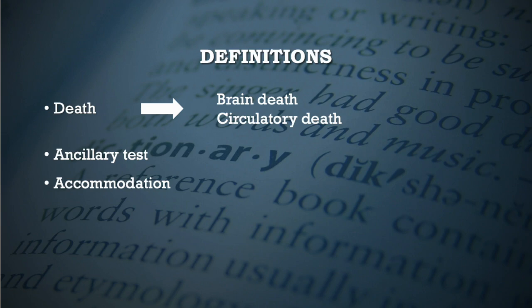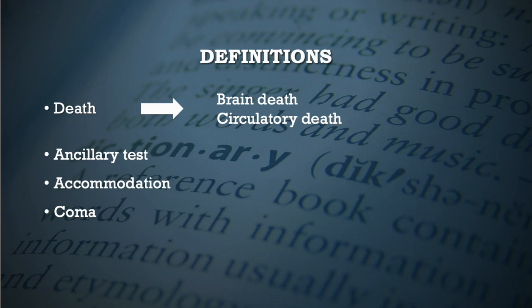Okay, so then circulatory death is the preferred term to use when death is determined on circulatory grounds. So this means that the cardiorespiratory function is no longer there. Coma is then the absence of wakefulness or awareness and the capacity for sensory perception and responsiveness to the external environment.